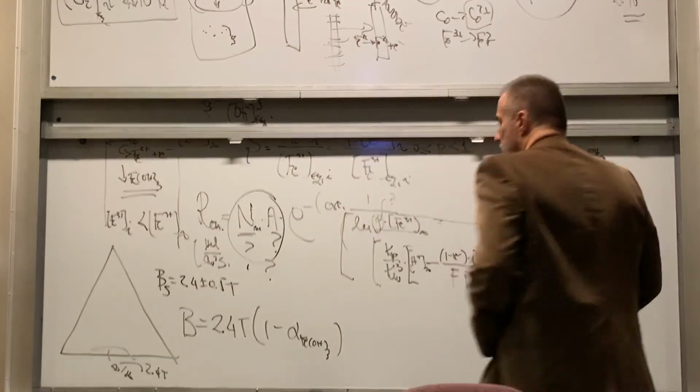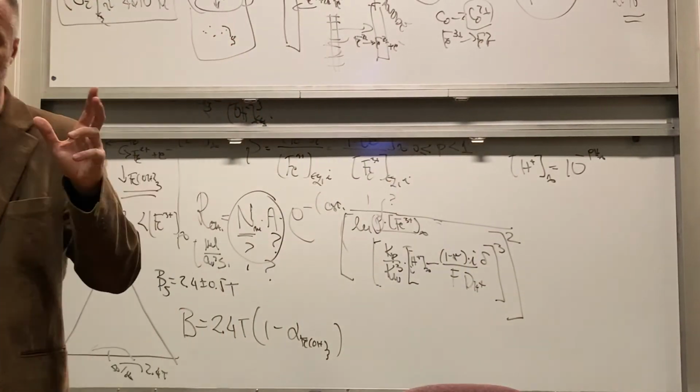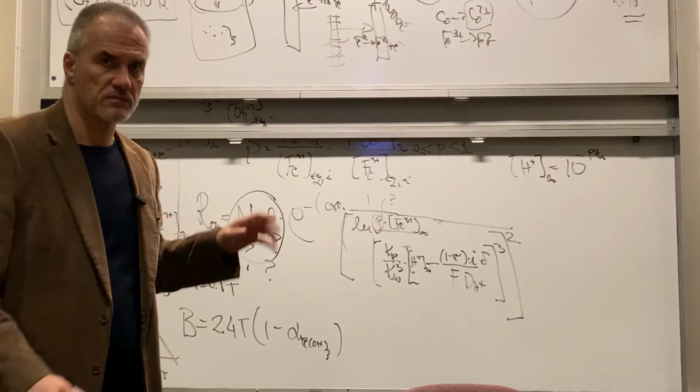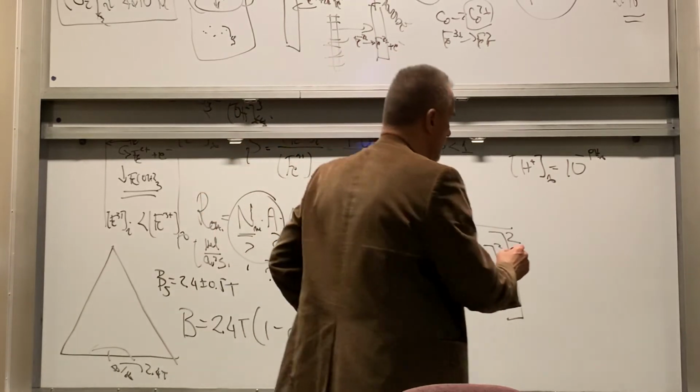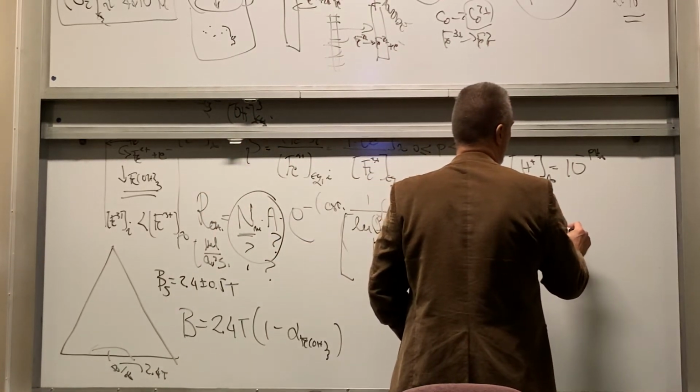So, considering that we're growing a film, and there's a little incorporation of oxide phase, the volume fraction, roughly, alpha, iron 3 hydroxide.